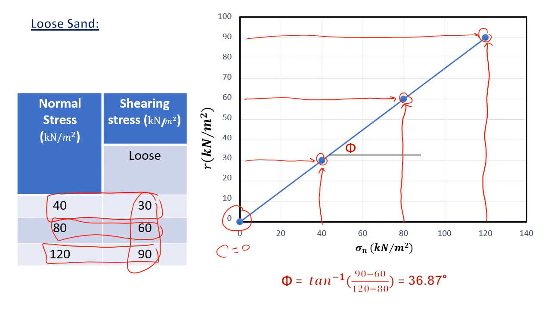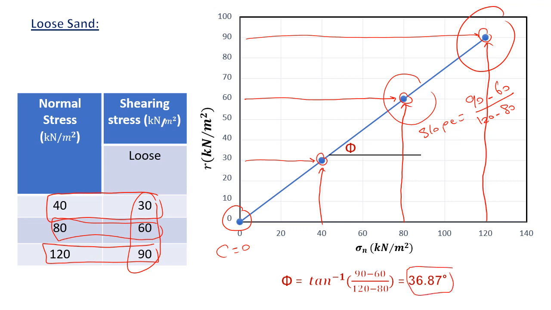Take any 2 points, maybe this point and this point. So the slope of this straight line is equal to 90 minus 60 over 120 minus 80. Take tan inverse of this slope on your calculator and you will find that phi is equal to 36.87 degrees.